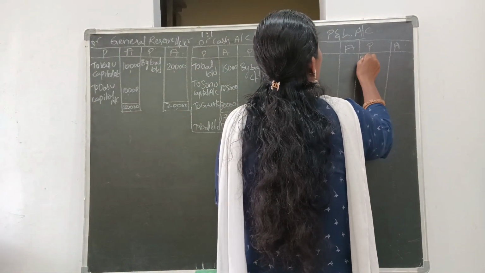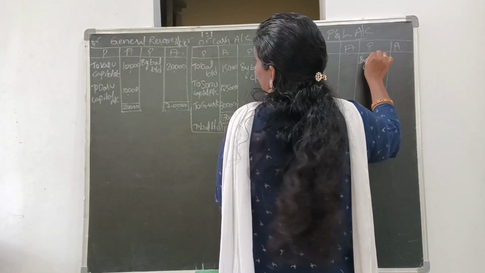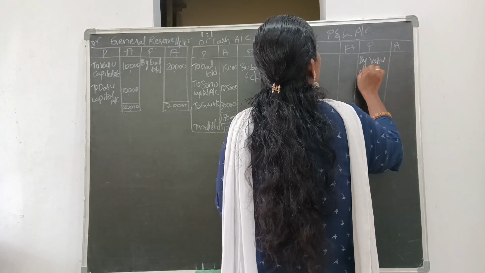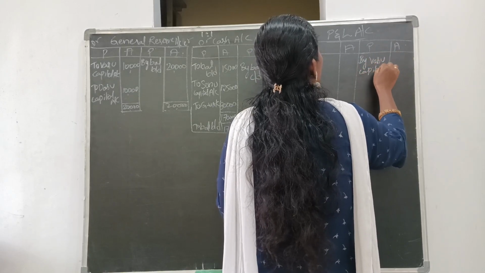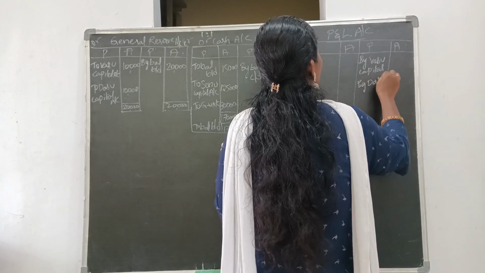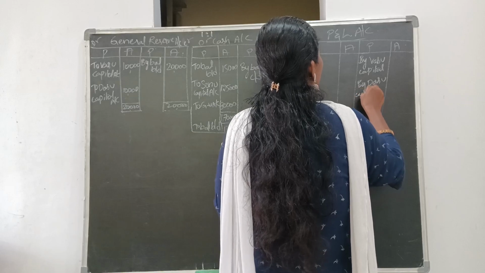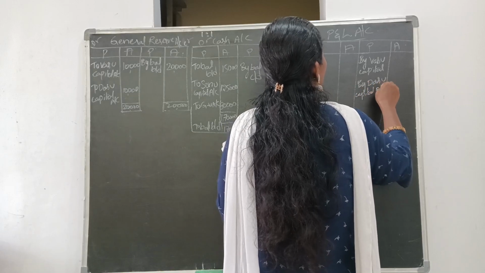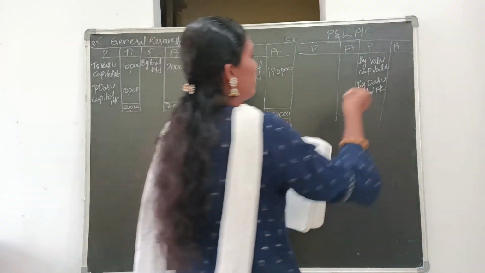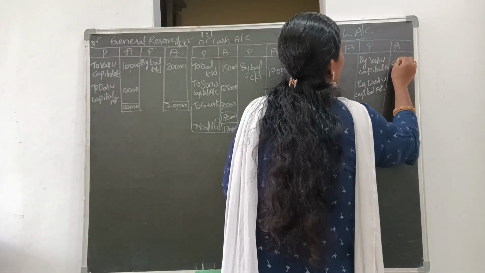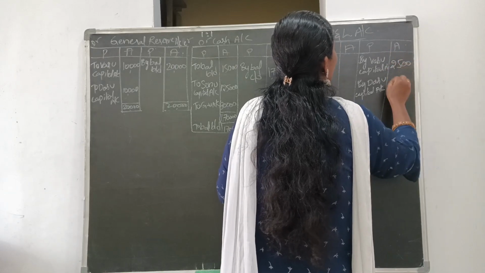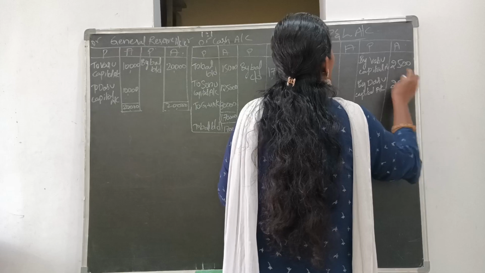Write by Vasu's capital account and by Dasu's capital account. The profit and loss amount is 5,000, which we are going to distribute equally: 2,500 and 2,500.